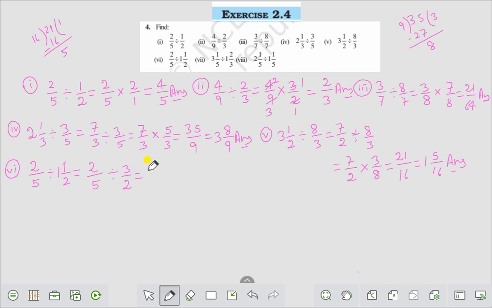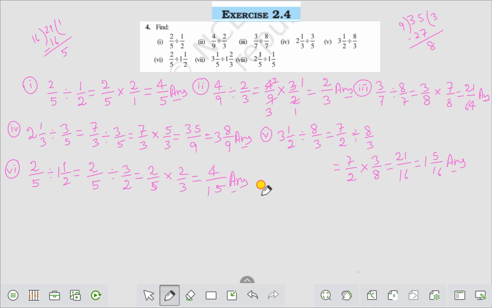It will be written as 2 by 5 multiplied by the reciprocal of 3 by 2, which is 2 by 3. It comes to 2 times 2 is 4 and 5 times 3 is 15, that is 4 by 15. This is the answer of question number 6.